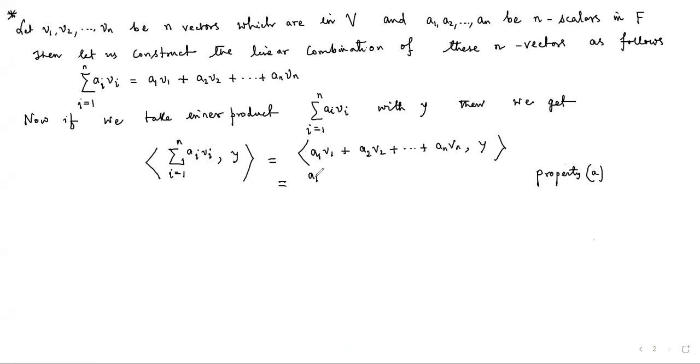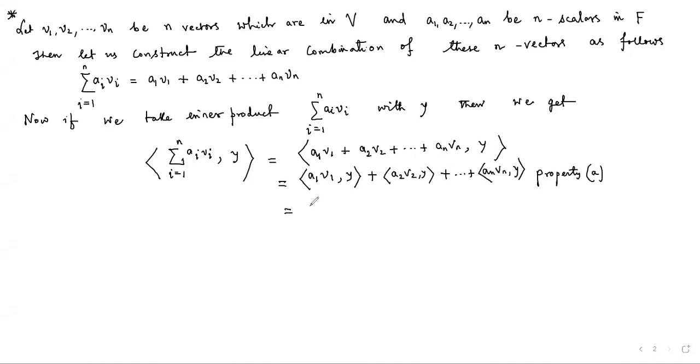Remember this, it is implied. So we get the inner product of a1 v1, y plus, this is the field plus, a2 v2, y plus dot dot dot plus an vn, y.